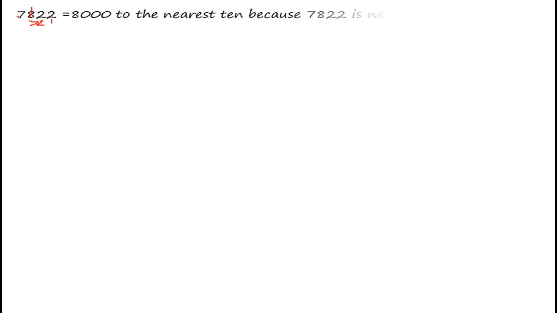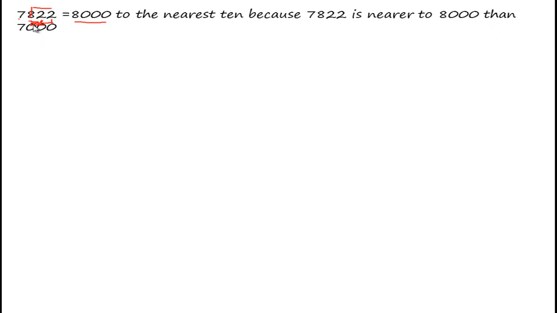You add 1 to 7, and 7 will turn to 8, and the rest will turn to 0, 0, 0. Are you getting it? That's why we get 8,000 to the nearest 1000, because 7822 is nearer to 8,000 than 7,000. Are you following now? That's what we got.